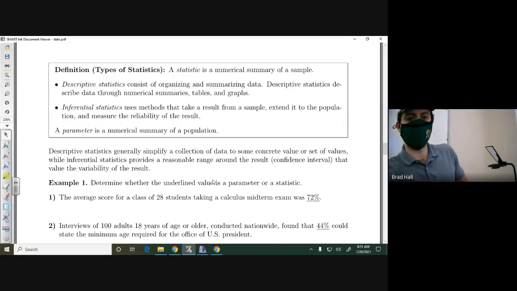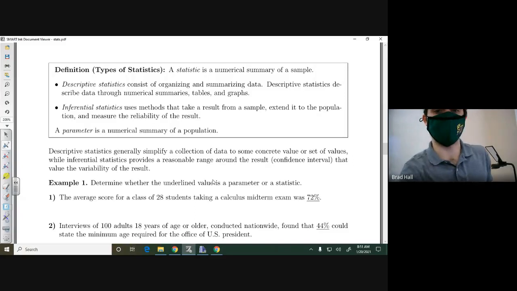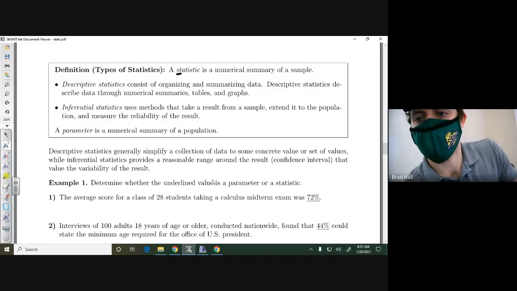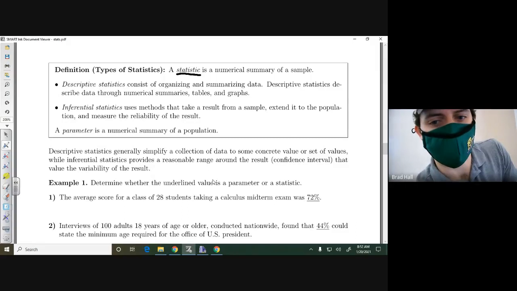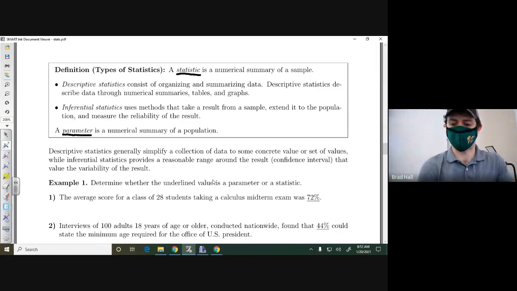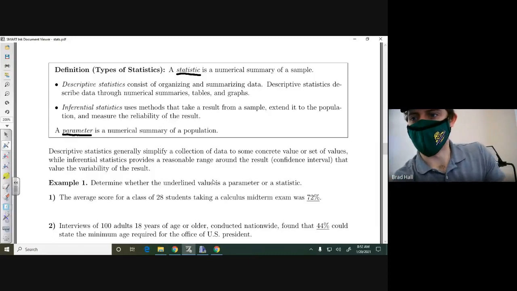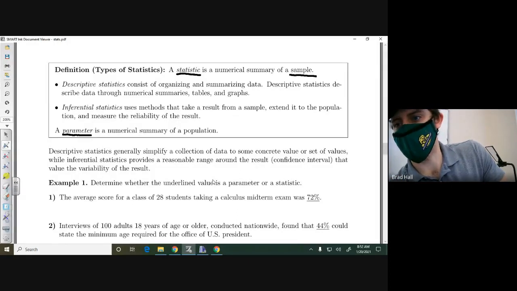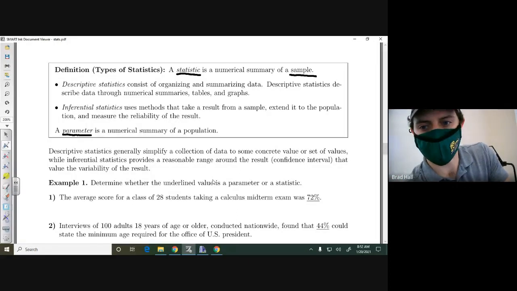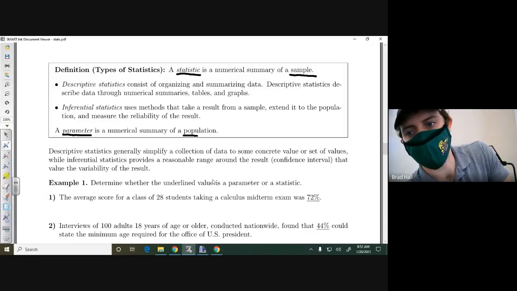And I want to skip down here to parameter as well. So I want to look at statistic and parameter, and I'll get back to the other two in a second. A statistic is a numerical summary of a sample. A parameter is a numerical summary of a population.